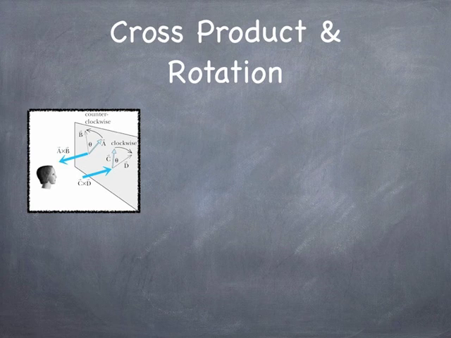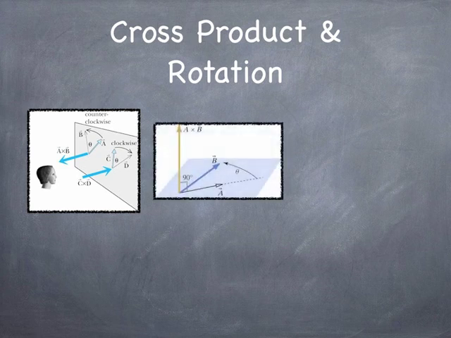Similar with the clockwise rotation, C and D. So the advantage of a cross product is that it is unambiguous and absolute. Everybody agrees on what it is. And so once you pick a coordinate system, everybody can consistently label a cross product and get the same answer.